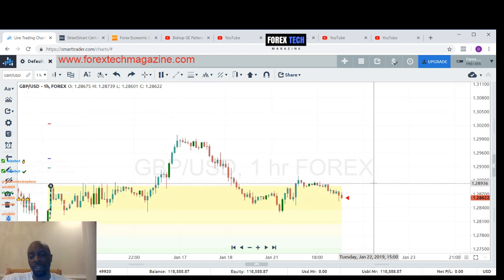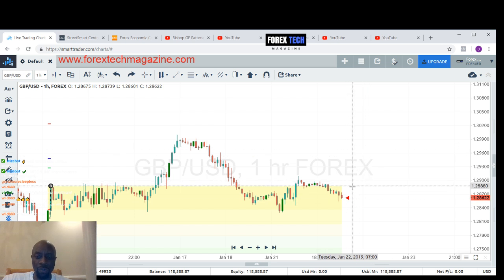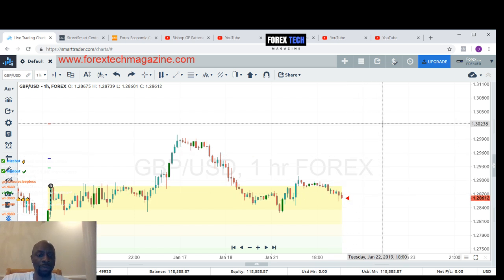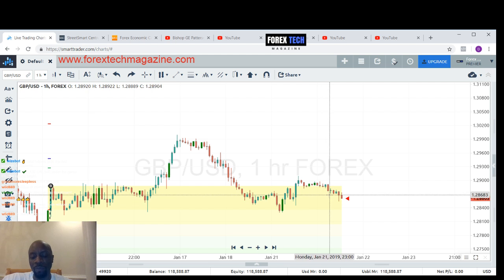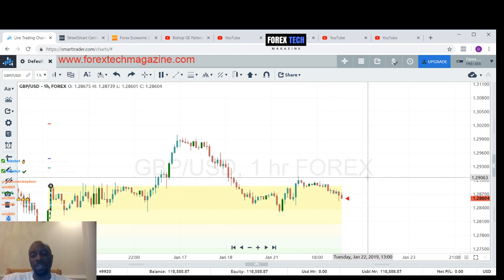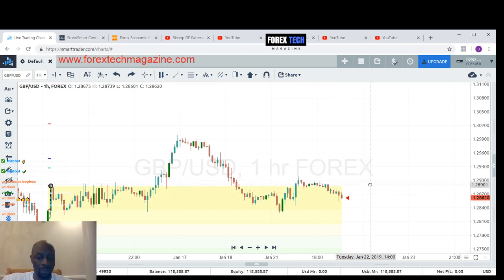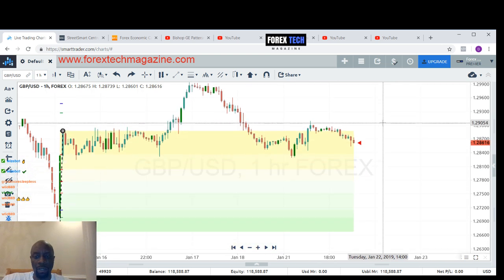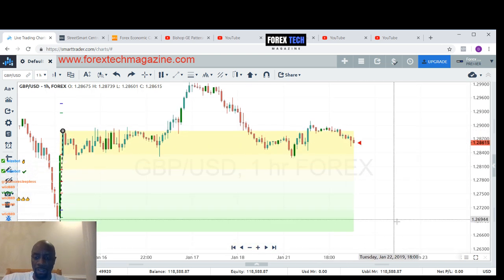price typically, once it's moving sideways, once it comes out of that sideways move, 70% of the time it trends back into the original direction before it got into the sideways move. But that 30% of the time is what could kill you, because it could actually continue down.